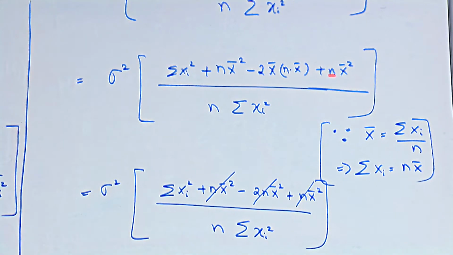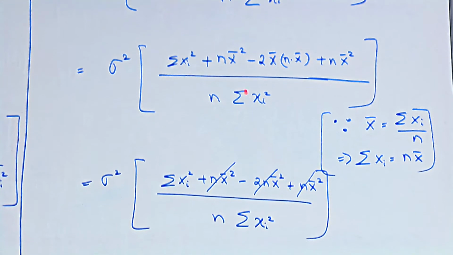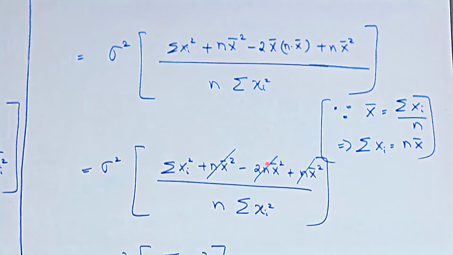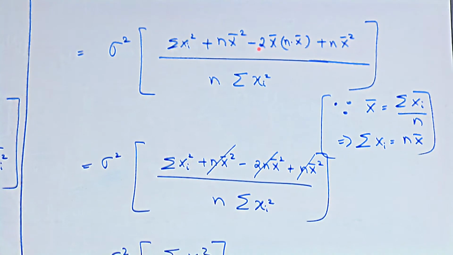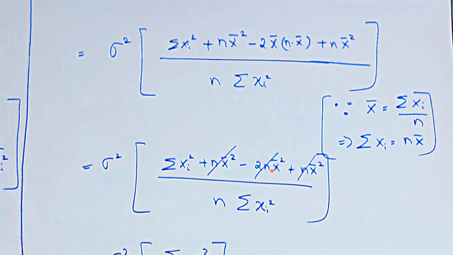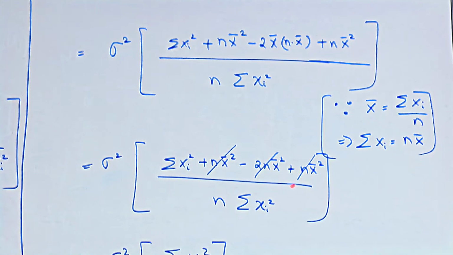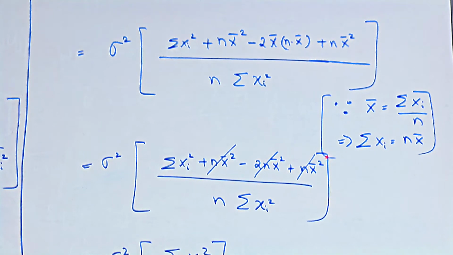If we reduce it, we get sigma xi square plus n into x bar square minus 2n x bar square, and this term remains plus n x bar square.